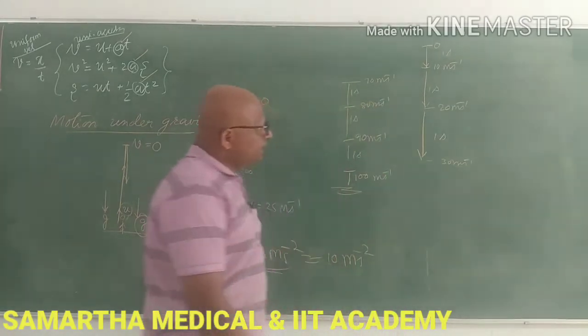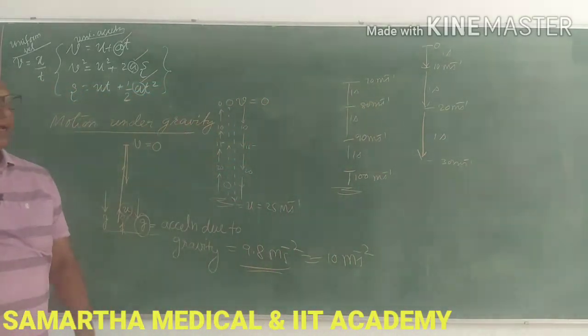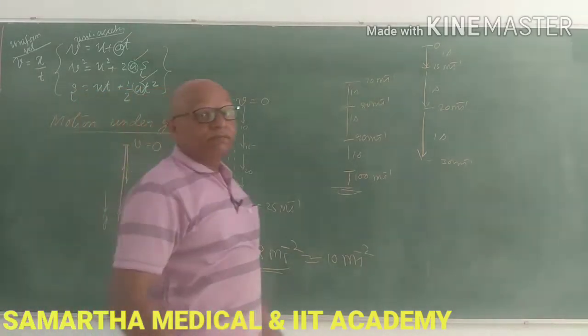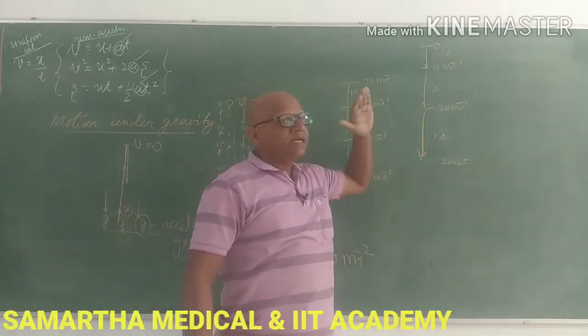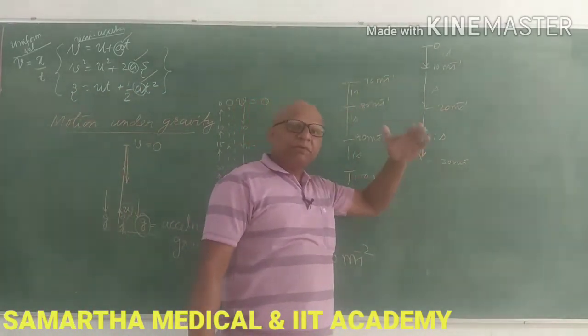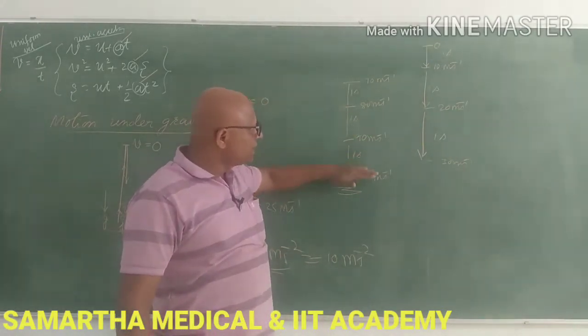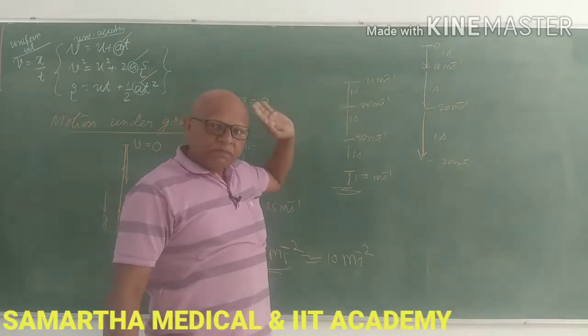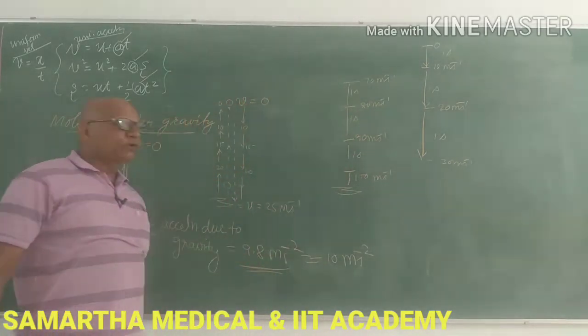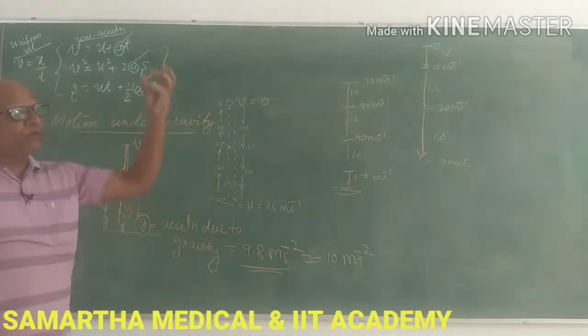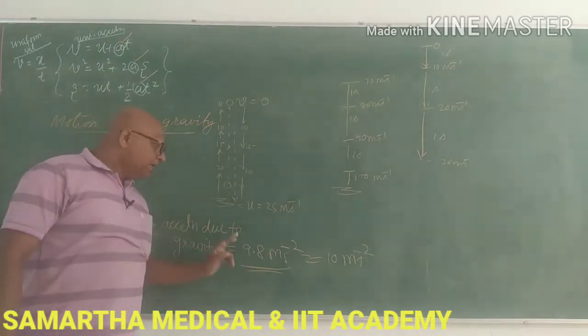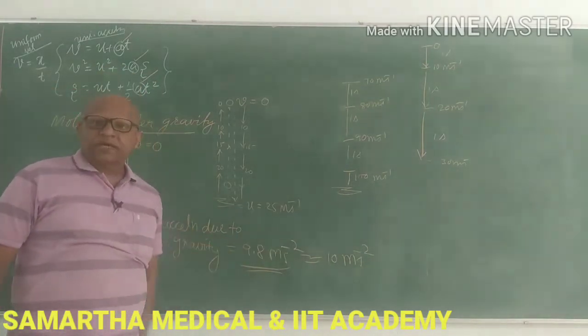See, velocity is increasing at the same rate of 10 meter per second per second. While going up, velocity is decreasing at the rate of 10 meter per second per second. That's why the acceleration due to gravity, while the body is moving upwards or downwards, is the same. It is 9.8 meter per second square.